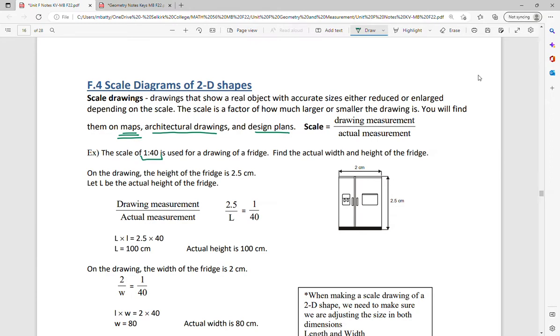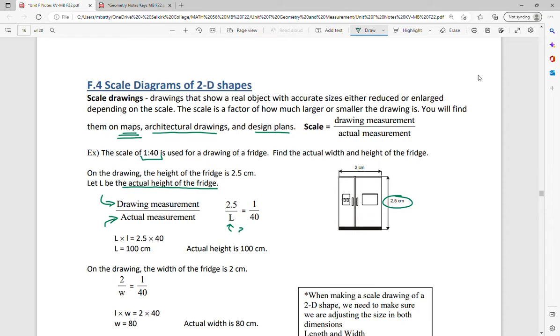And so in this one, we have a drawing of a fridge over here, and we can see on the drawing it has a height of 2.5 centimeters. If I wanted to figure out the actual height of the fridge, I could set up a proportionality statement with the drawing measurement over the actual measurement. So the drawing measurement is this 2.5 over, we don't know, whatever this one is.